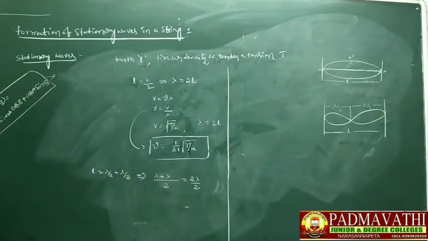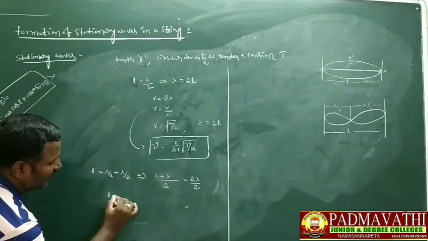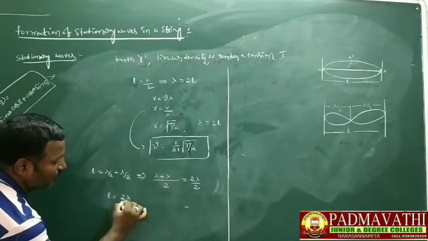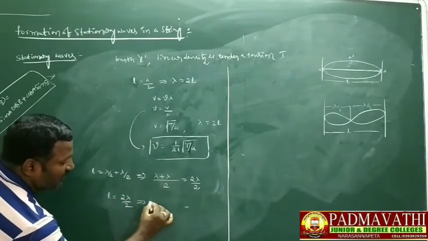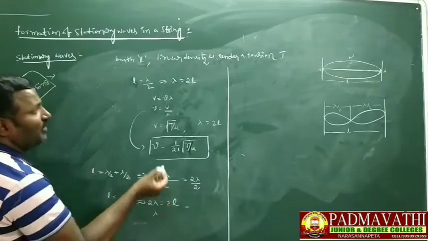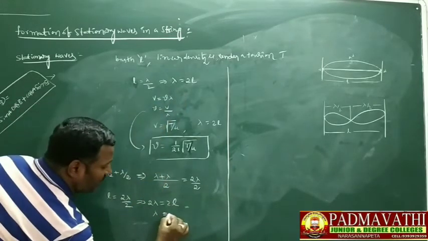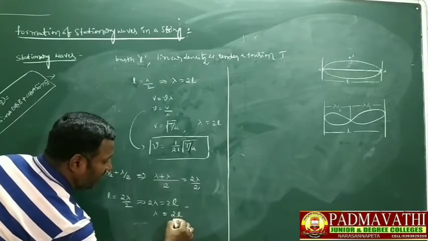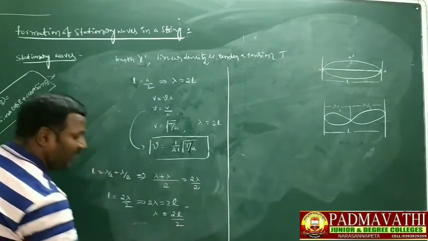So L equals 2 lambda by 2, that is 2 lambda equals 2L. Lambda equals 2L by 2.